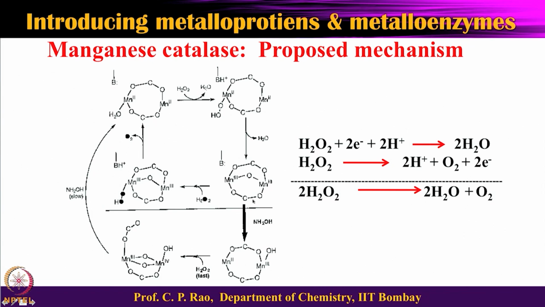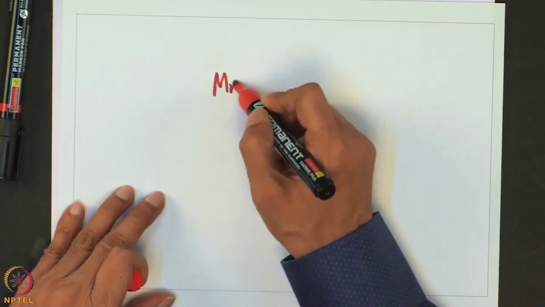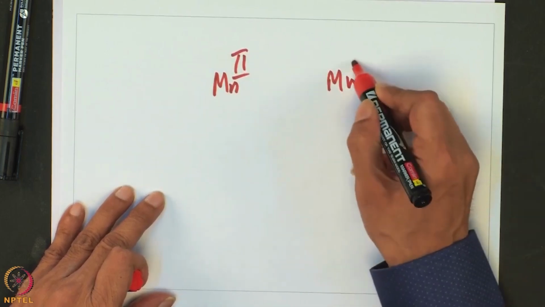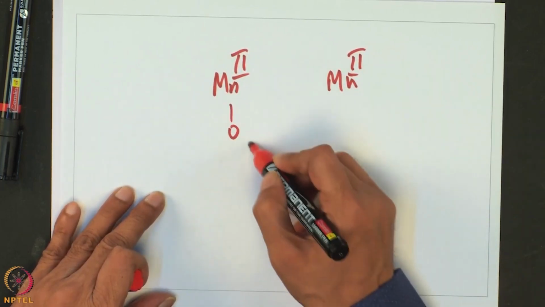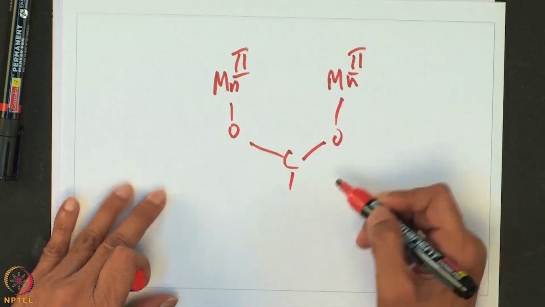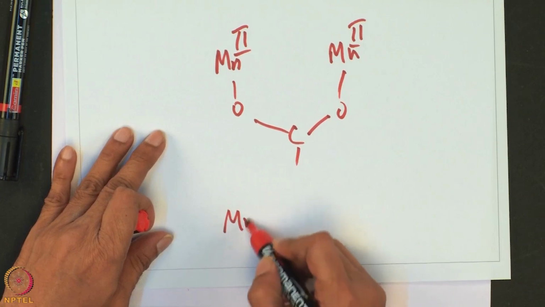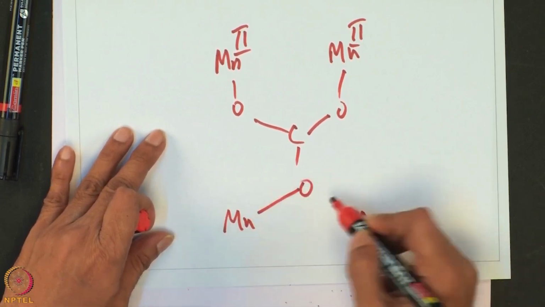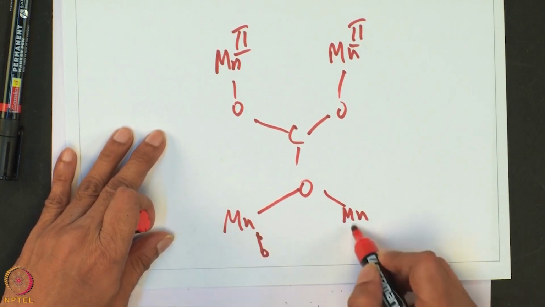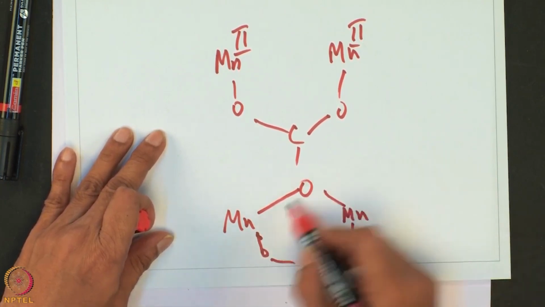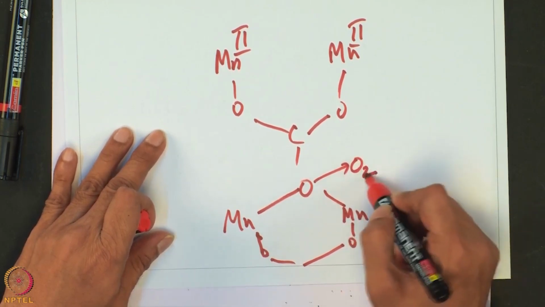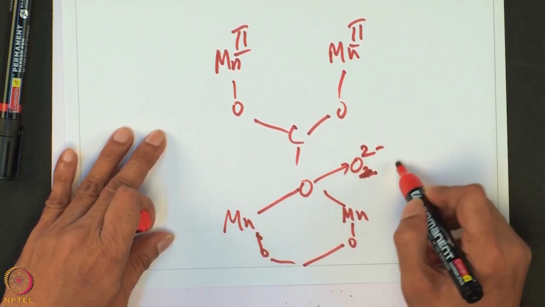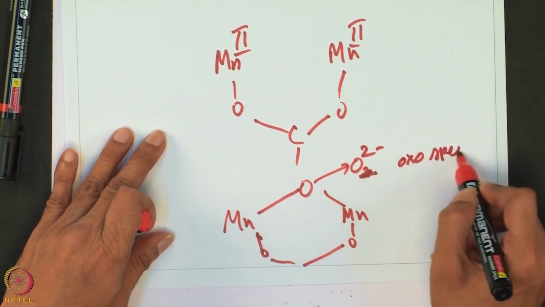But when it comes to dimanganese 3, it demands an O bridge, that is, an O2 minus bridge. What we remove is O2 minus. So, this is an oxo species.